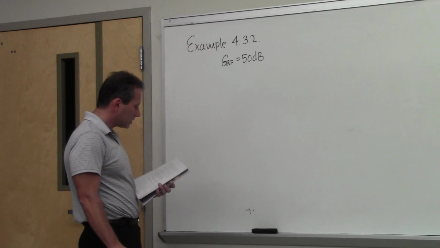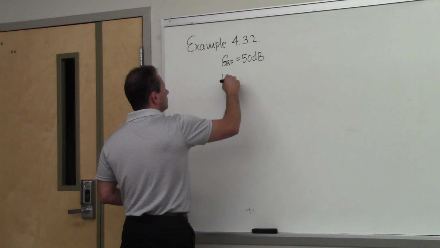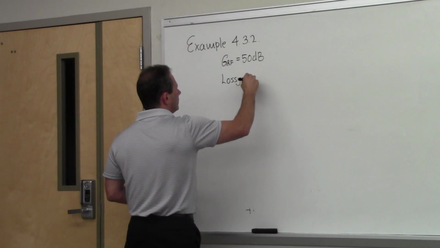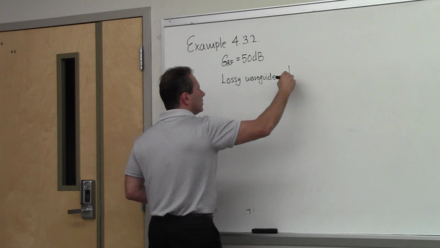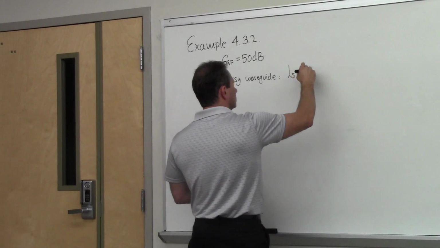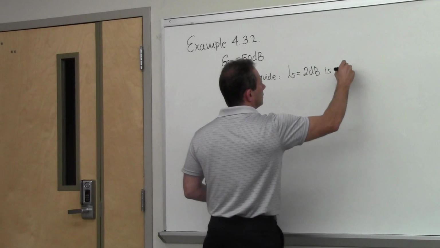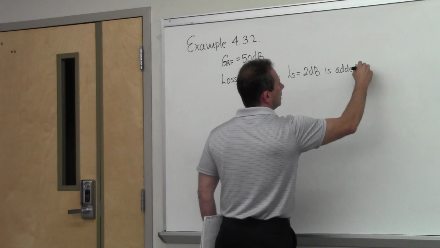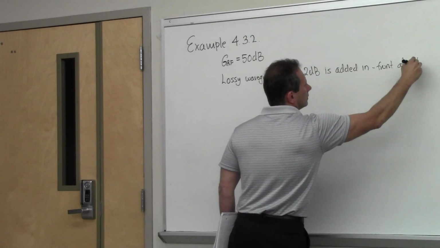A section of lossy waveguide with attenuation LS of 2 dB is added in front of the element.